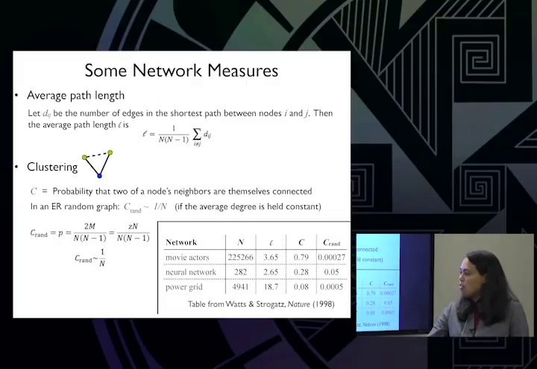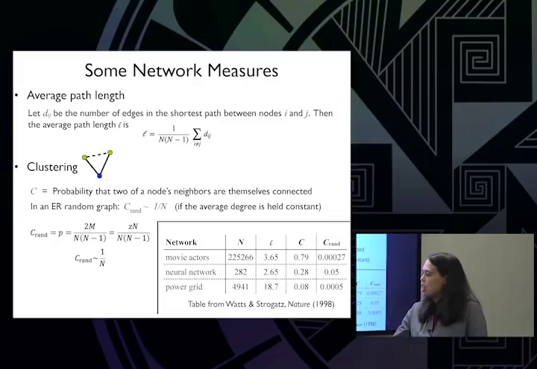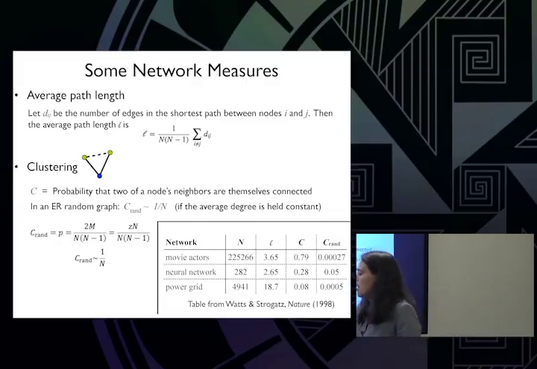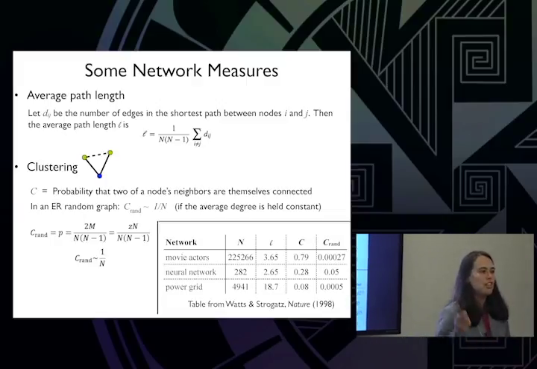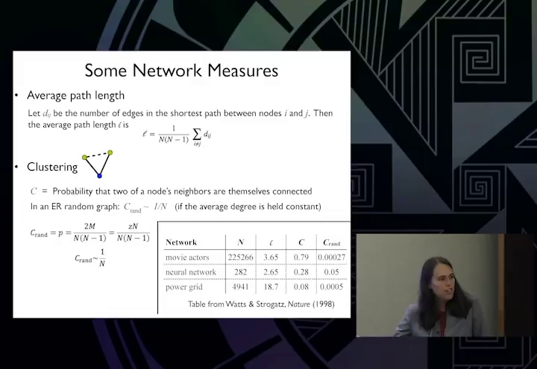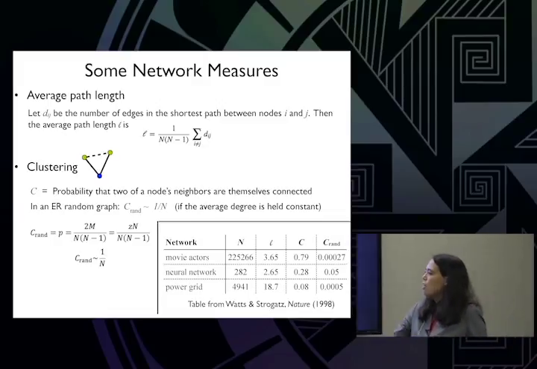And in this power grid network, the power grid of the Western US and Canada, about 5,000 nodes, bigger average path length of about 20, clustering coefficient of 0.08, which is really still a couple orders of magnitude bigger than the clustering coefficient of the equivalent random graph. So that's what I want to talk about.